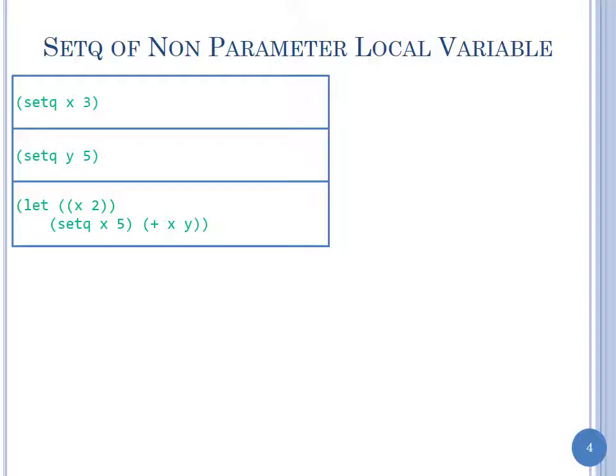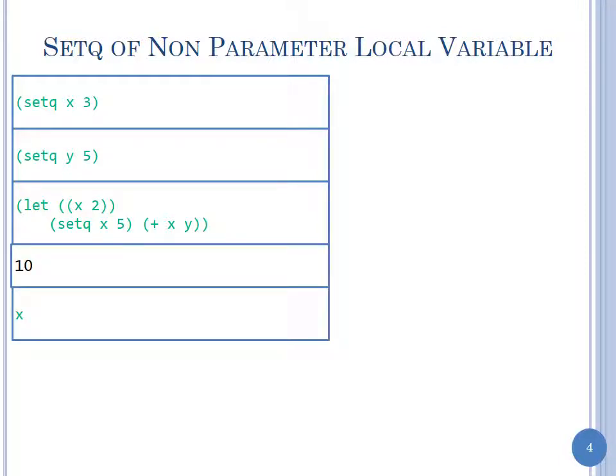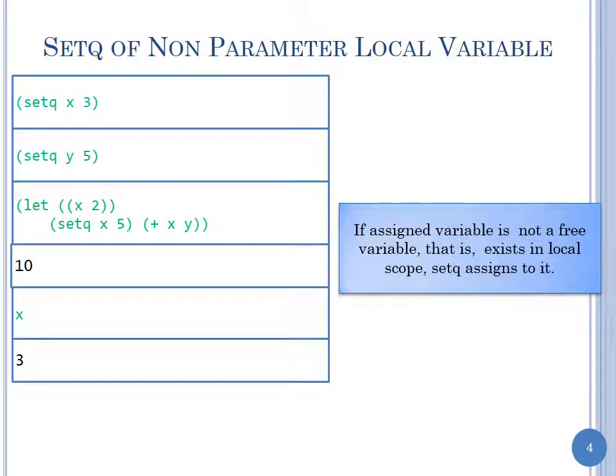Okay, what should this let expression return? 10. Okay? And if I type x again afterwards, after the latest finished execution, okay. Same rule as before. If an assigned variable is not a free variable, that is, it exists in local scope, setq assigns to it.